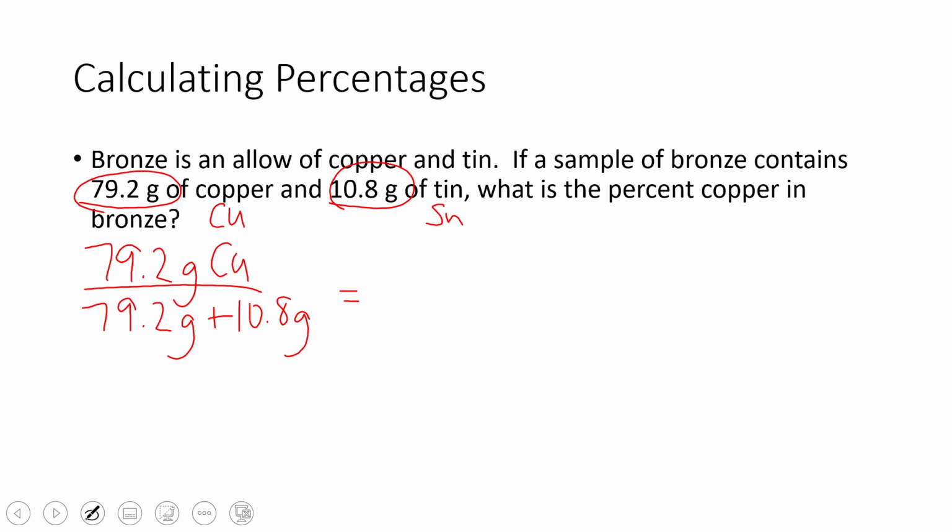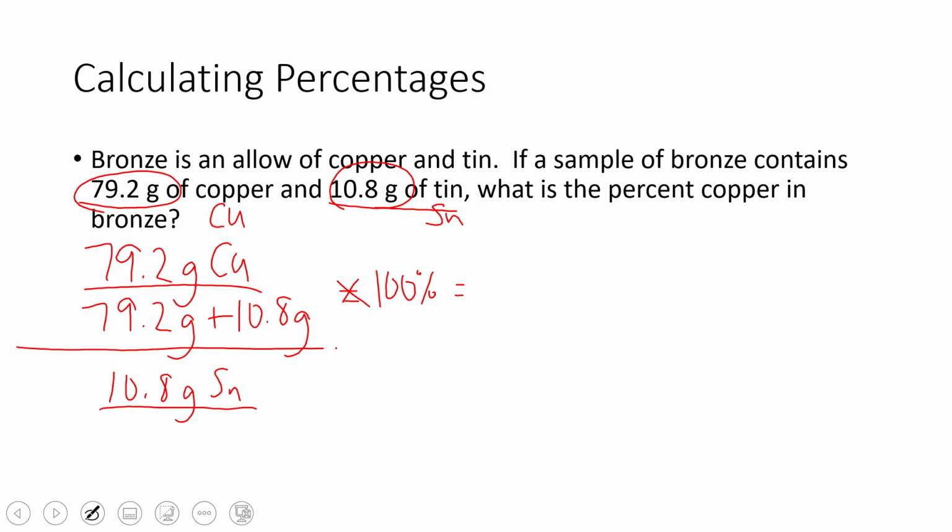And then I need to times it by 100%. And to find the percentage of tin, I would need to take 10.8 grams of tin over the whole, which is the same 79.2 grams plus 10.8 grams, and times that by 100.